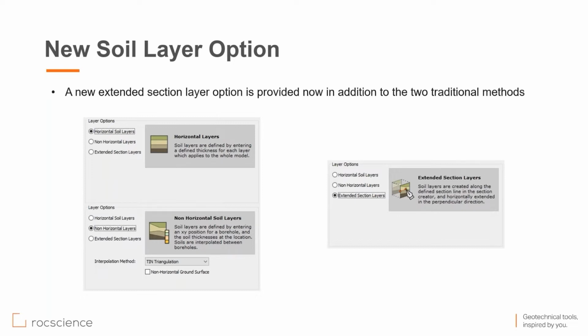And now we have provided a third option in the latest release of Settle3, the extruded section layers. This is a new soil profiling method that gives the flexibility to create a section with complicated soil layers. The goal of the new profiling method is to reduce the tedious and repetitive work to build modeling geology. Let's take a look.